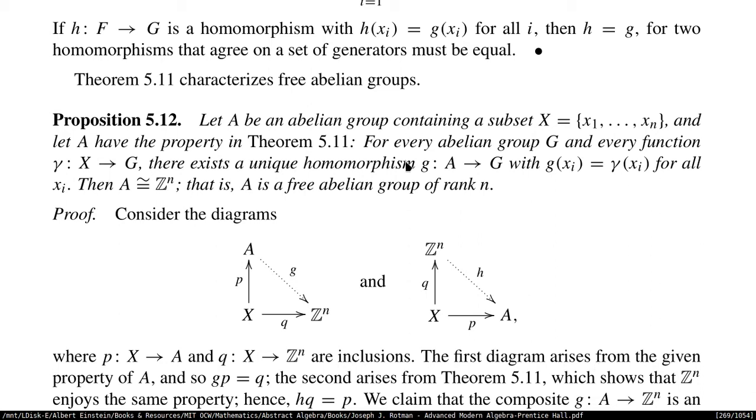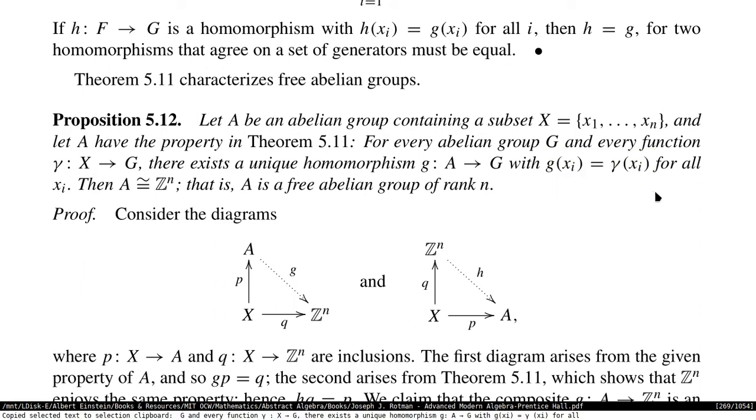there is a unique homomorphism g from A to G, which is equal to the function gamma, right? If that's the case, then A, which is just an abelian group, not a free abelian group, is isomorphic to Z to the n. That is, it's a free abelian group of rank n.